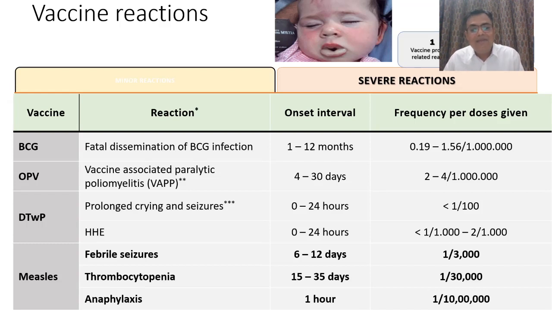Similarly, in case of the DTP vaccine, prolonged crying and seizures can start in 0 to 24 hours, that is within 1 day, and frequency is less than 1 per 100 doses. So different kinds of severe reactions are associated with different vaccines.